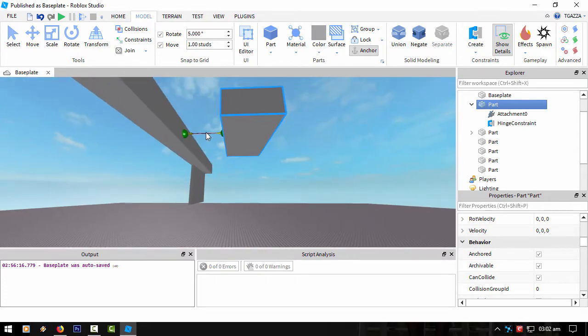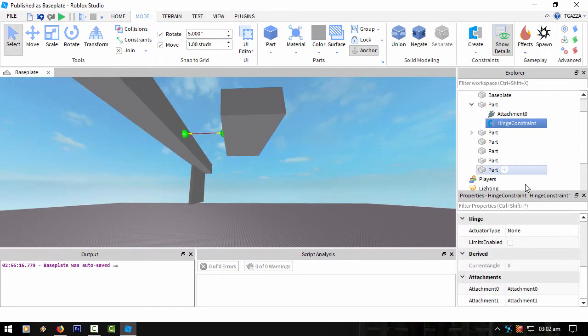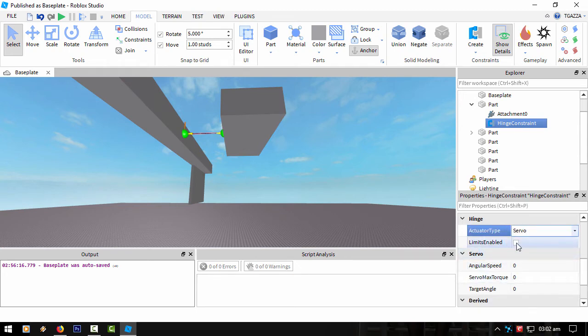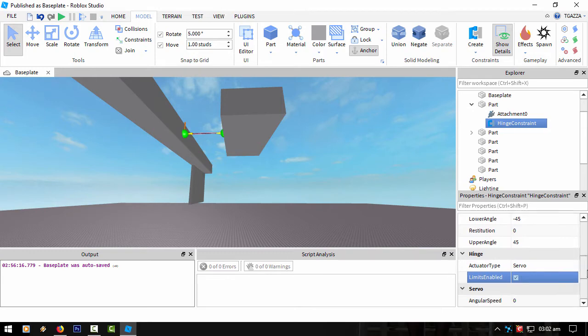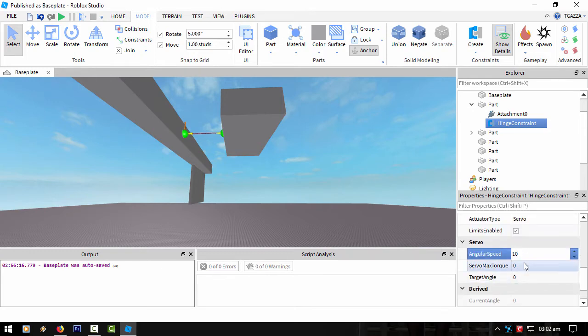And let's change this hinge over to the servo. So let's do that. Do the same as before. If you're not sure about those two values, just increase it by a factor of, I guess, 100 until it actually starts moving.